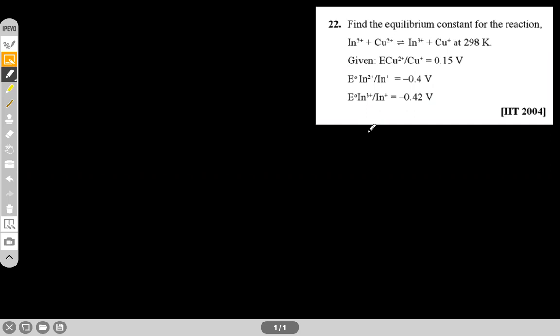We need to find the equilibrium constant, which is Kc for this reaction.